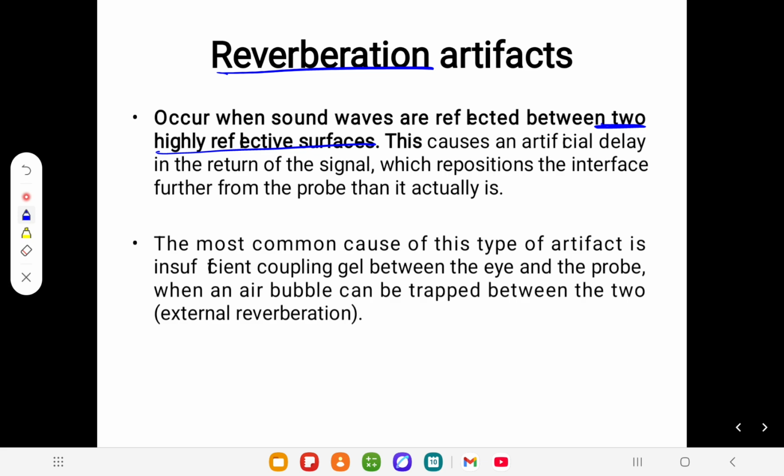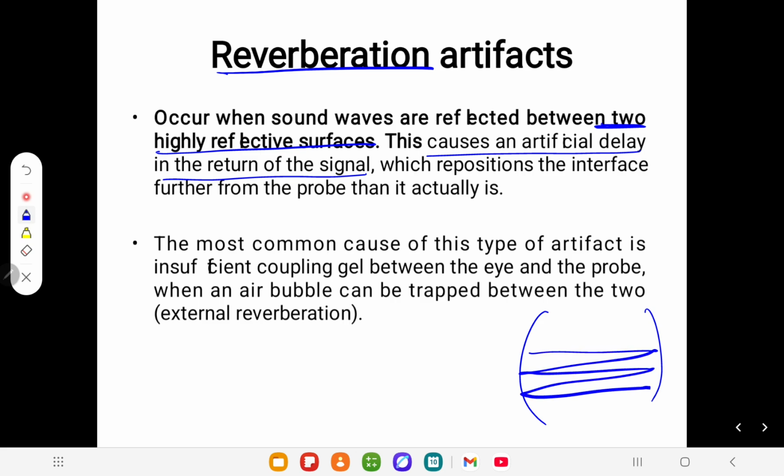This causes an artificial delay in the returning of the signal. That's very important, because the sound is just going back and forth, back and forth between two highly reflecting surfaces. This repositions the interface further from the probe than it actually is. The most common cause of this artifact is insufficient coupling agent between the eye and the probe, when an air bubble can be trapped.